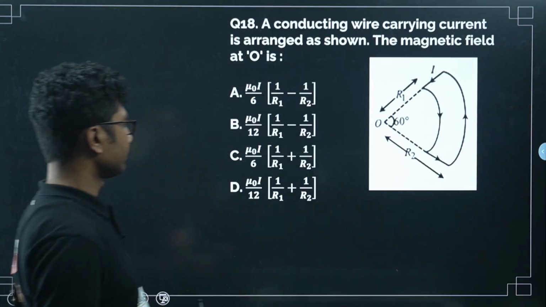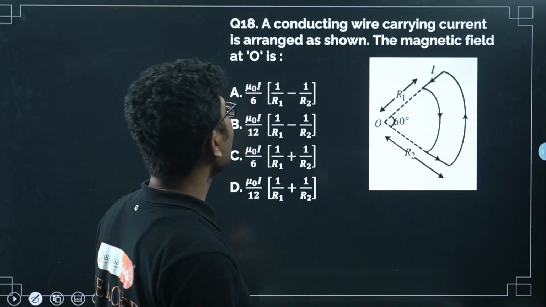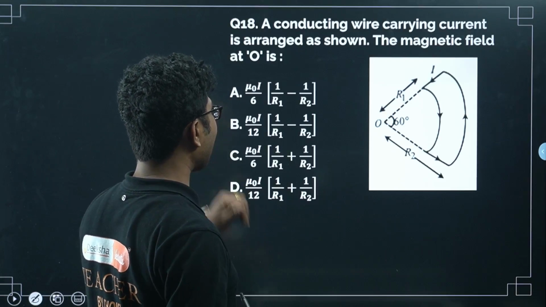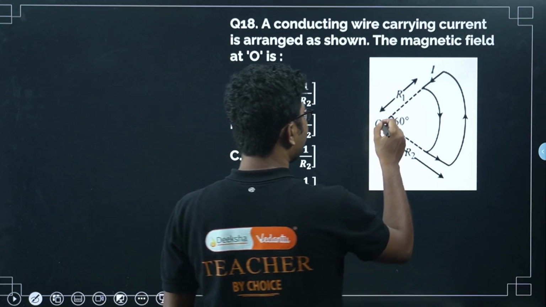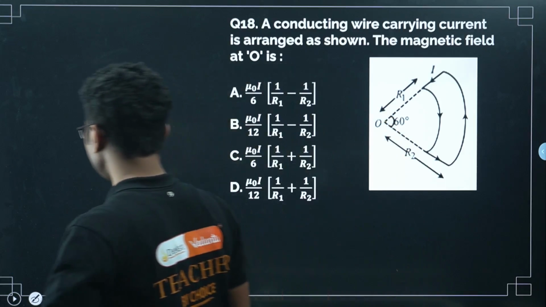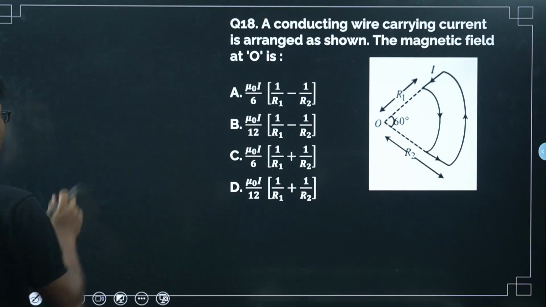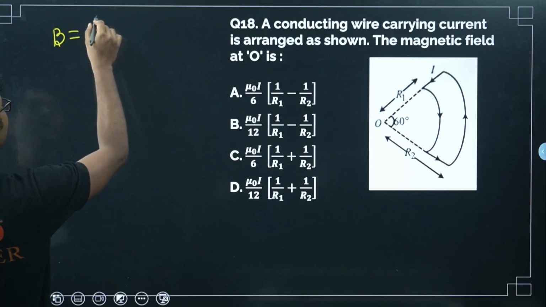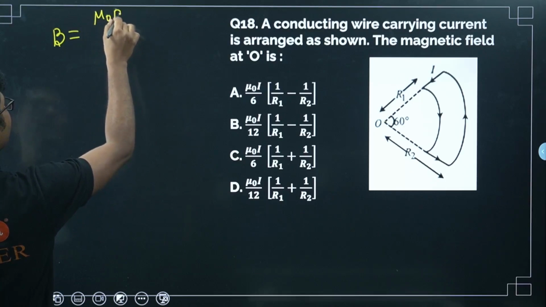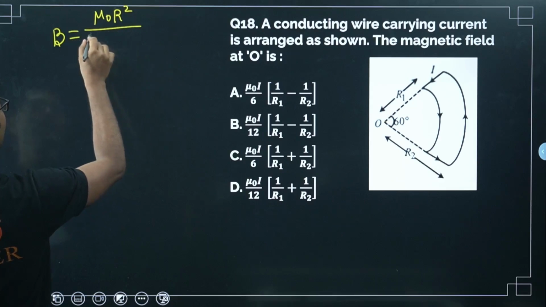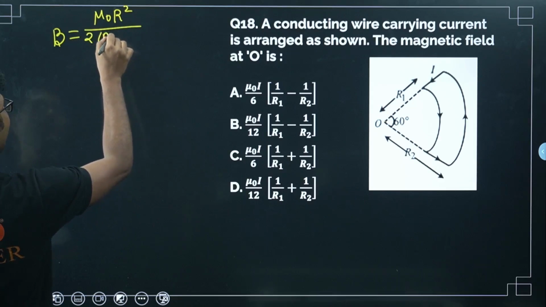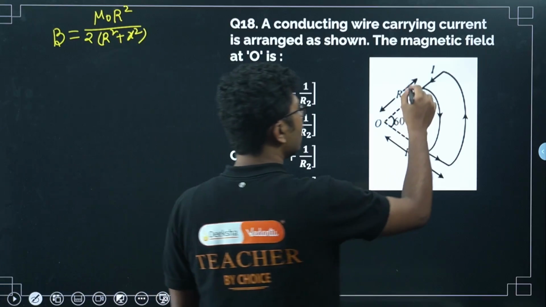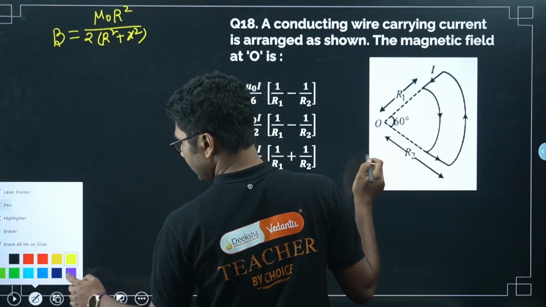Now, this is another interesting question. A conducting wire carrying current is arranged as shown. The magnetic field at O is? So for the magnetic field at O, we already told you the formula. In our previous problem, I told you the formula: B is equal to mu naught r square divided by 2 times (r square plus x square) to the power 3 by 2. Now, this formula is basically for a full circle.